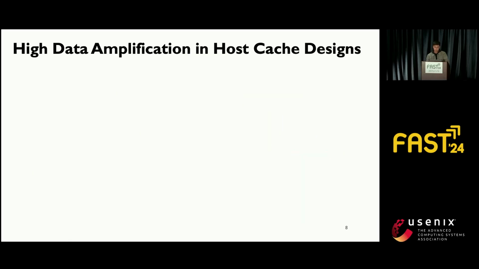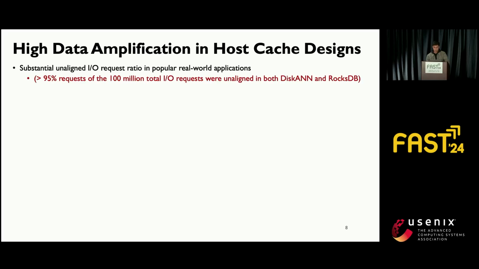Second, we found there is high data amplification in host cache design. According to our analysis, there are substantial unaligned application requests in popular real-world applications. For example, more than 95% of requests are unaligned in DiskANN or RocksDB. And most importantly, unaligned requests can cause data amplification in the host file system design.